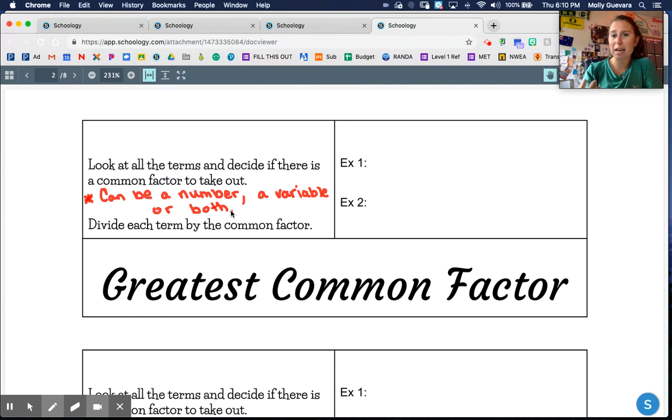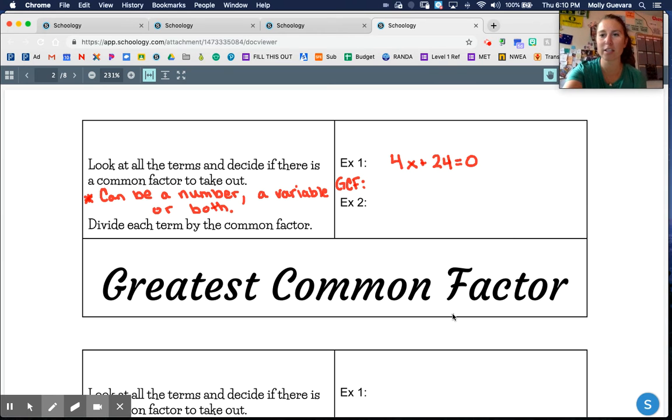And then once you decide what that greatest common factor, the GCF, is, you just divide each term by that. We literally only have 2 examples here. I don't want to try to kill you with examples because I really think that you guys are going to be able to pick up on this pretty quickly. But let's say my first example is 4x plus 24 equals 0. The first thing that I need to do is decide what my greatest common factor is.